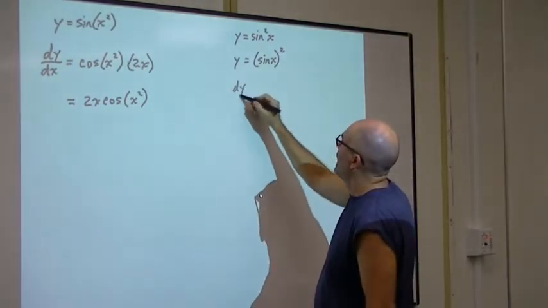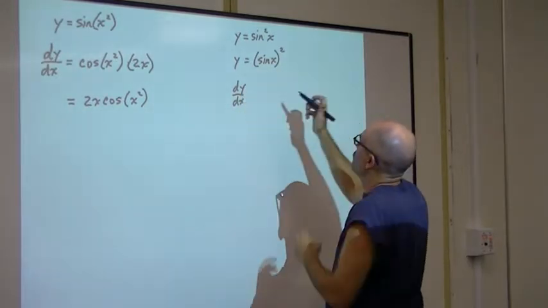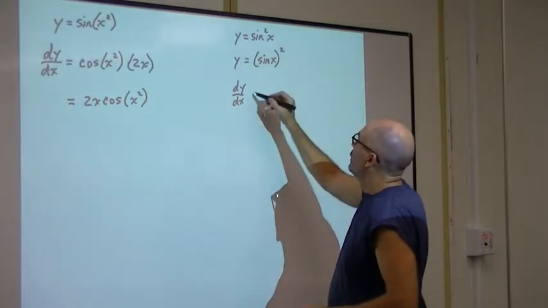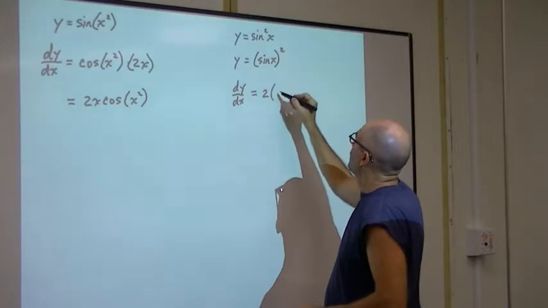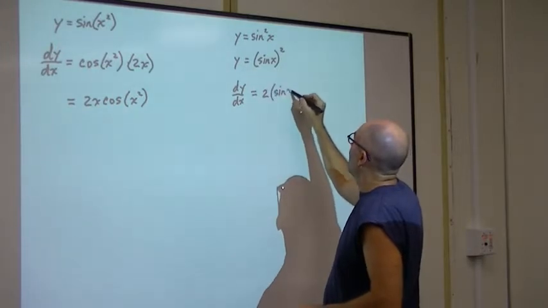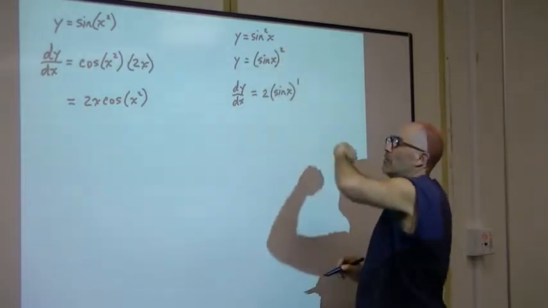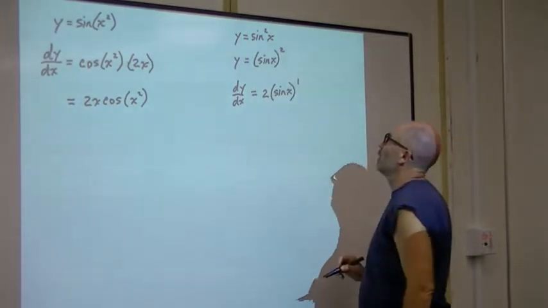So dy/dx is going to be the derivative of the outer shell. So we basically treat this as if it's x squared. So what do we do? We go 2 times sine x to the first. All I did was take the power rule, I brought my 2 down in front, and I dropped my exponent by 1.